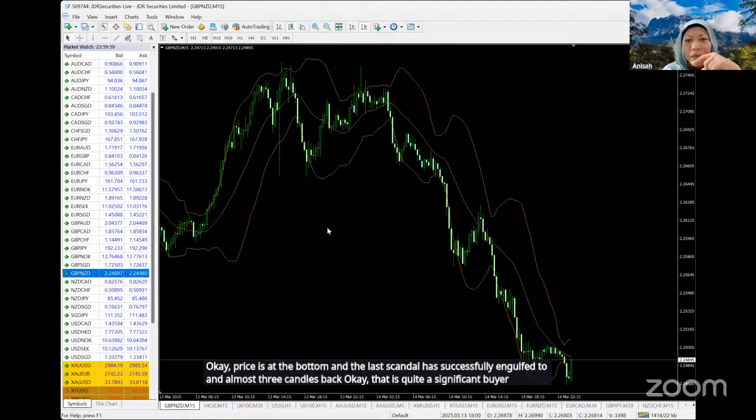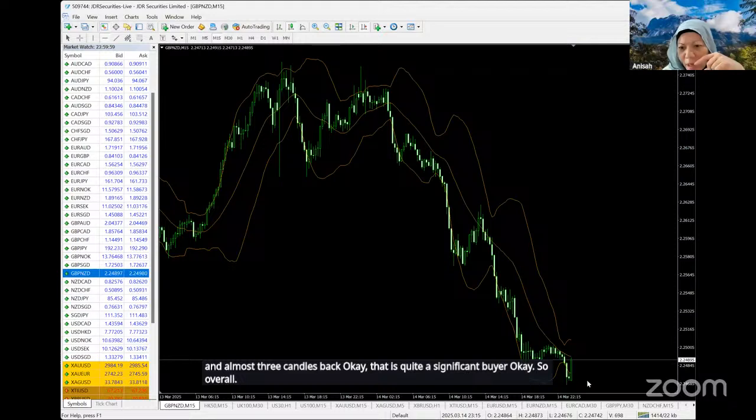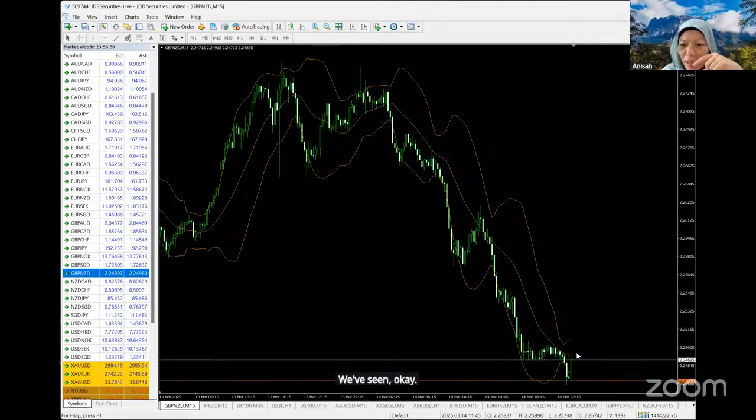Overall, we've seen this is the resistance, and the Bollinger Band has tightened and broken out. So we're going to wait whether this is the new trend or not.